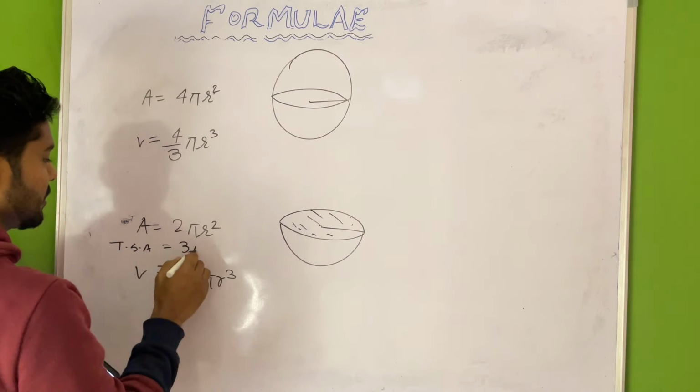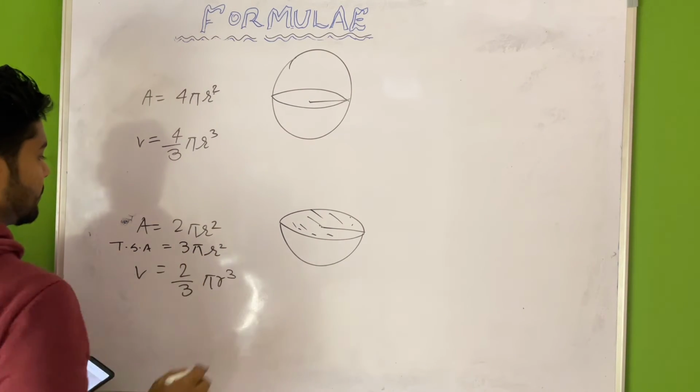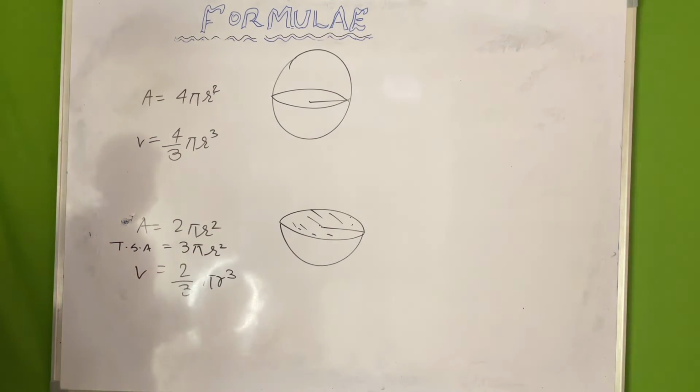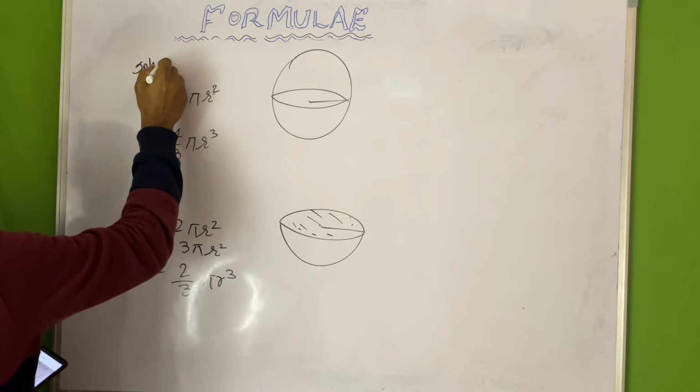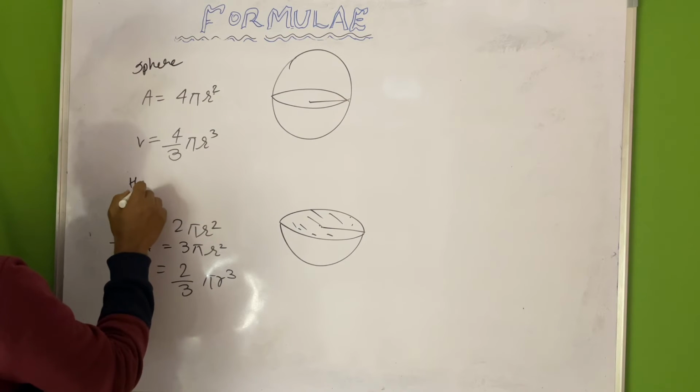So it would come 3 pi r square. This is our sphere. This is hemisphere.